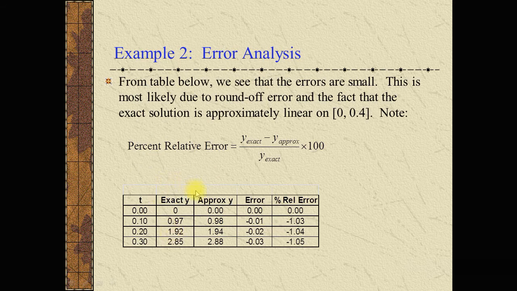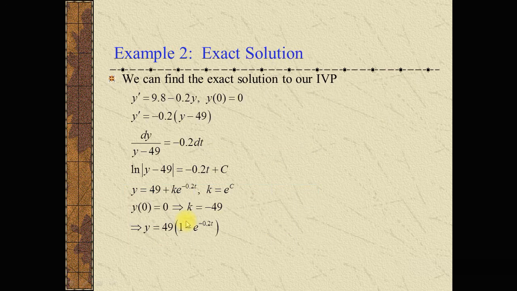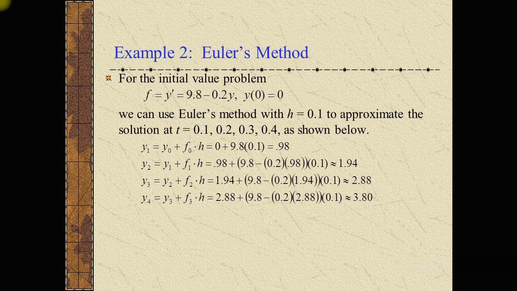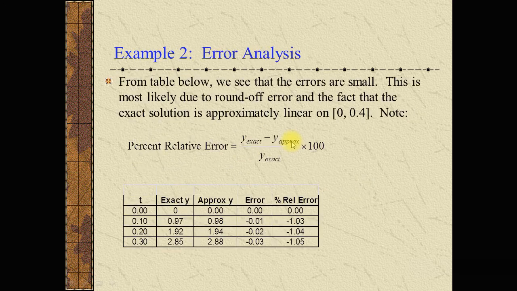We obtain at t is equal to 0, the exact solution is 0 and the approximate solution is also 0. Now at t is equal to 0.1, the exact solution is 0.97 and the approximate solution is 0.98. So in this table, this is the exact solution and this is the approximate solution.